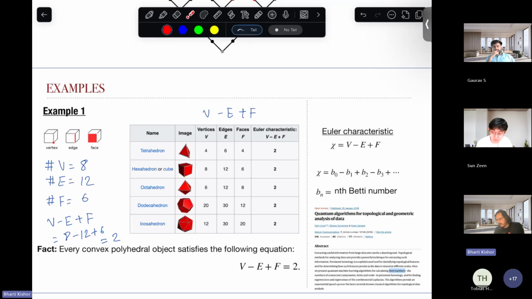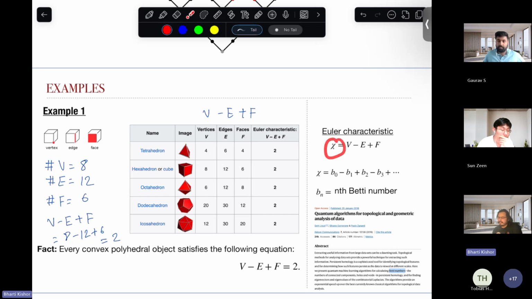So this number that we calculated, V minus E plus F, has a lot of beauty. And this is what is called the Euler characteristic. For many people, this can be the first entry point to topology.